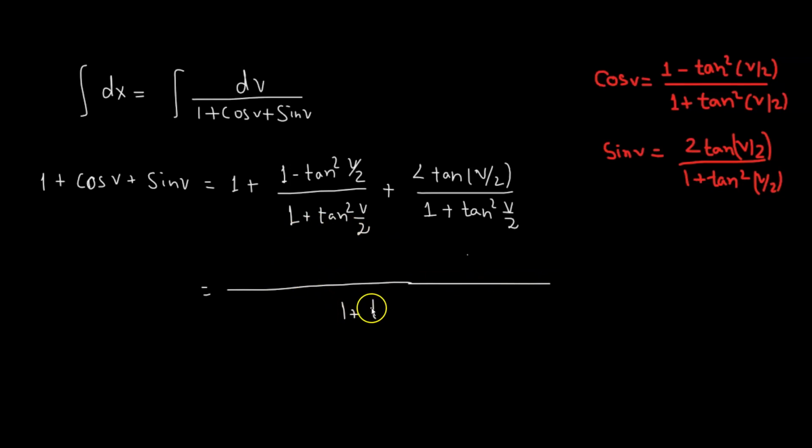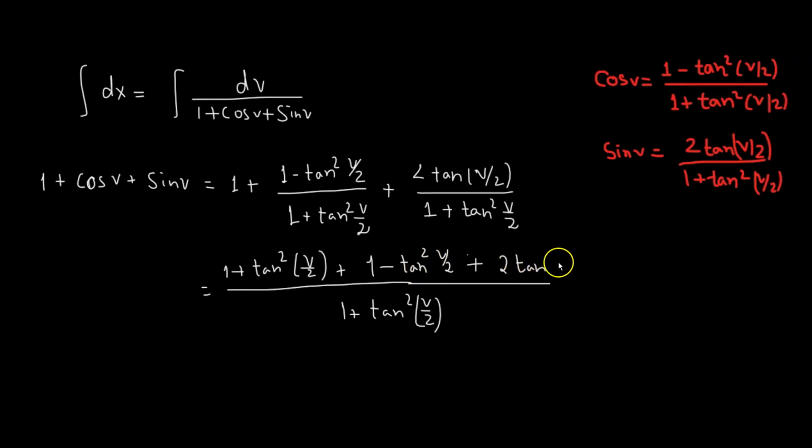So let's take the common multiple of all the terms in the denominator. So we have 1 plus tangent squared v over 2. So the numerator will be 1 plus tangent squared v over 2, plus 1 minus tangent squared v over 2, plus 2 times tangent of v over 2. So here we can see that tangent squared v over 2 gets cancelled out in the numerator.